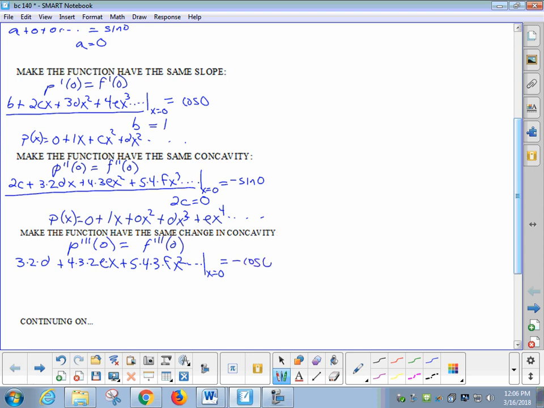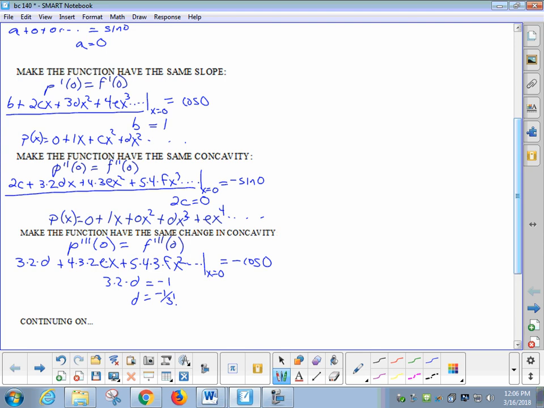Negative cosine of 0. That then, evaluated at 0, the polynomial drops out everything except for 3 times 2 times d, which is negative 1, and so d is negative 1. I'll call it negative 1 over 3 factorial.